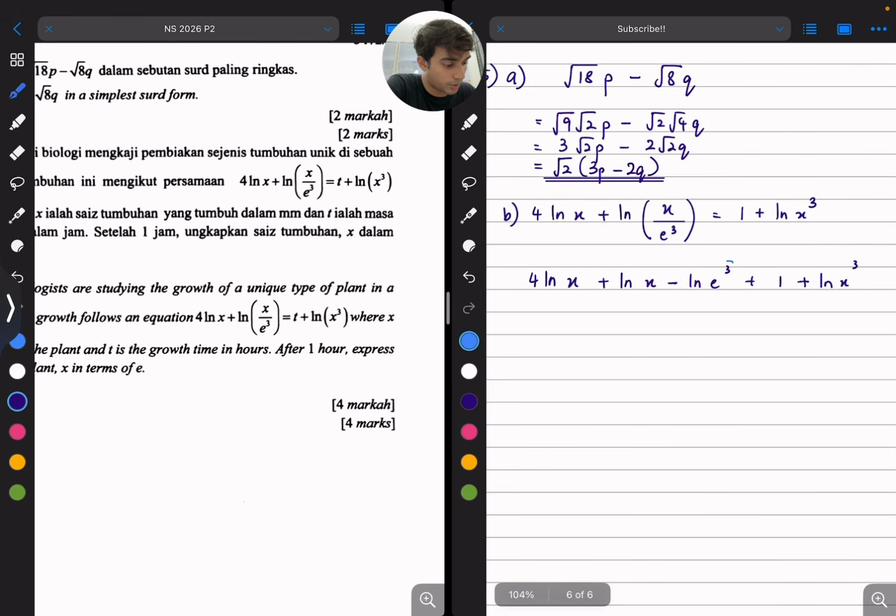Now whichever power is here, we can bring it down. So we get 4 ln x plus ln x minus 3 ln e plus 1. Where's the equal sign? I think I wrote. Okay, here should be equal sign.